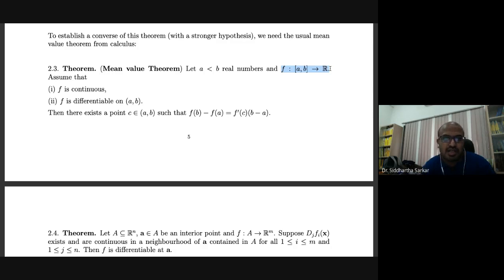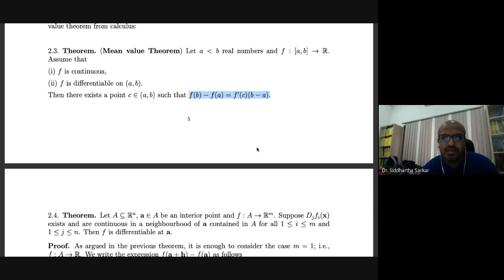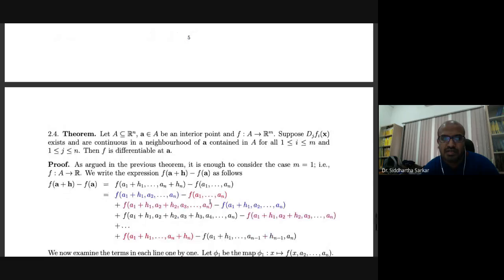Then there should be a point where the derivative is expressed as f(b) minus f(a) divided by b minus a. As far as I recall, this comes from Rolle's theorem, which you can easily prove. We are going to use this over here, boiling everything down to one dimension.